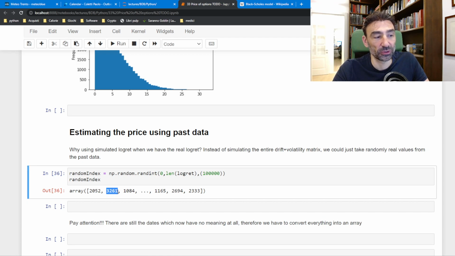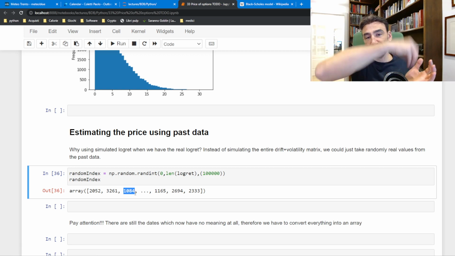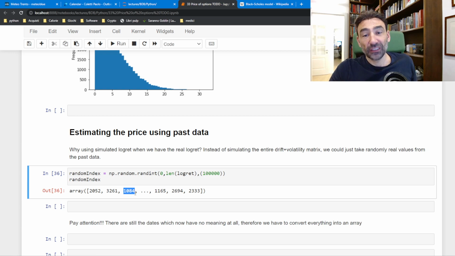The second day we'll use the return of day 3361. The third day the return of, it can be repeated, so for sure there will be some log ret which will be repeated, others will not be taken, but it's taken randomly. So I have the pool of the log ret, I pick randomly some log ret. And these are the historical ones.